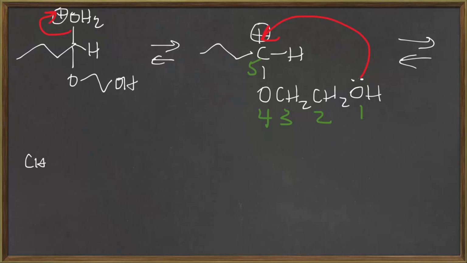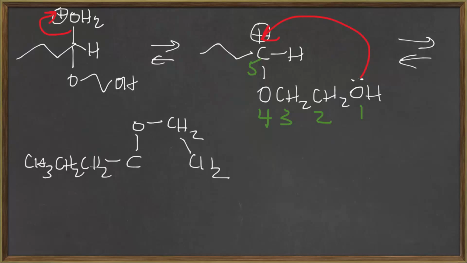So I got CH3, CH2, CH2, C, O, CH2, CH2, O. There's a hydrogen sitting on the edge there, and here's my aldehyde hydrogen.